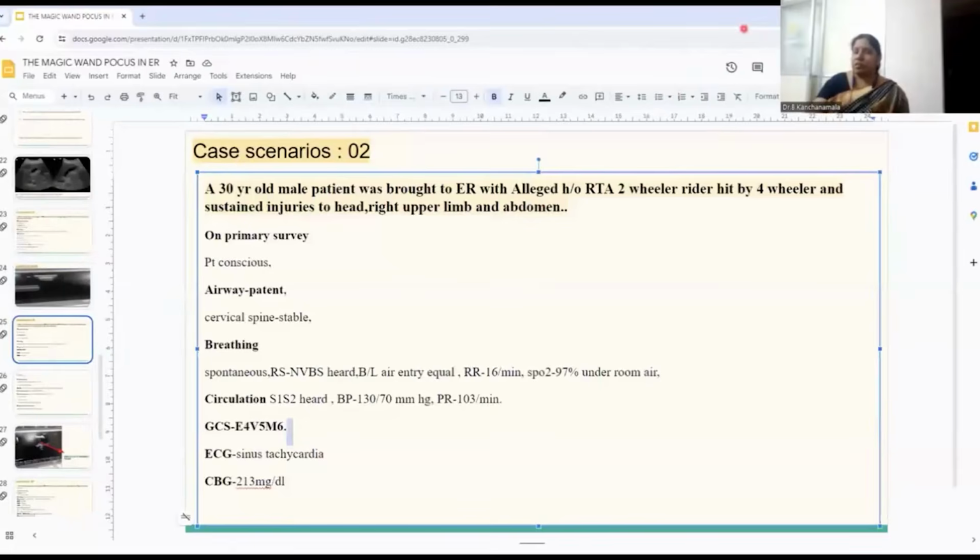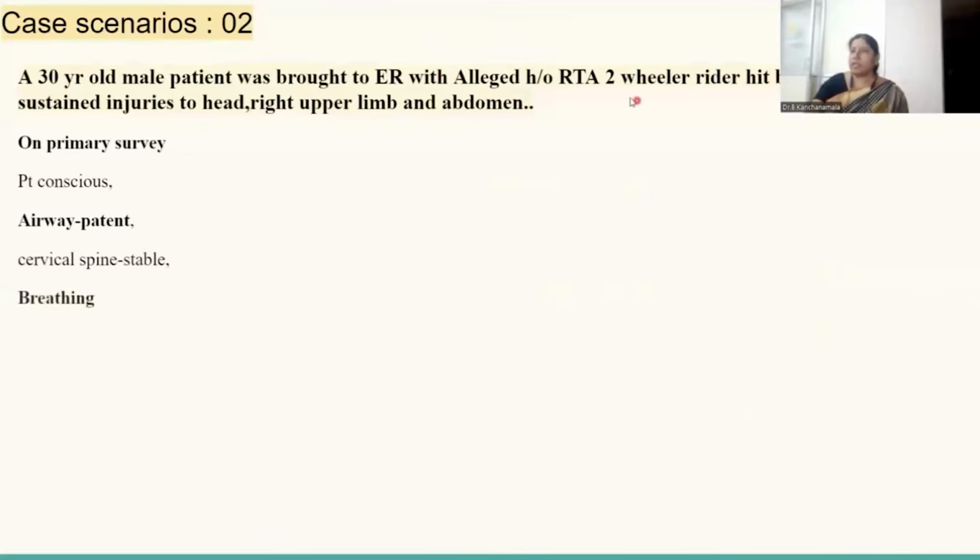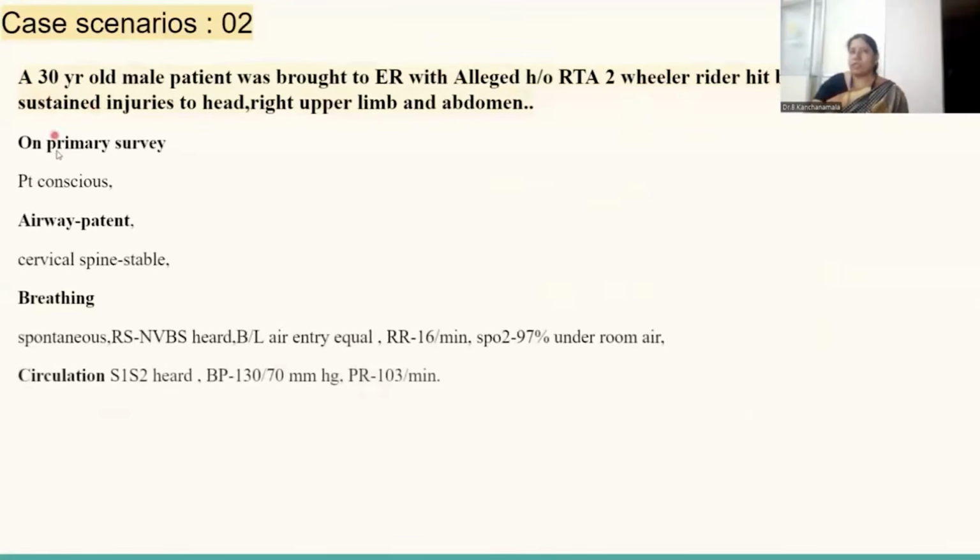The next case, as you see, is a 30-year-old male who was brought to the ER with a history of RTA, a two-wheeler hitting a four-wheeler. On primary survey, the patient is conscious, breathing is normal, and on circulation we see that the pulse rate is 103. There is sinus tachycardia, CBG is 213.